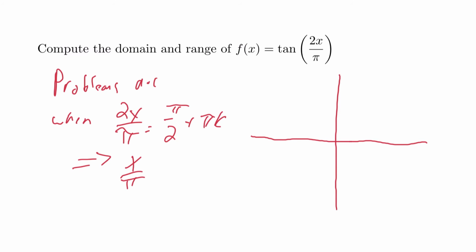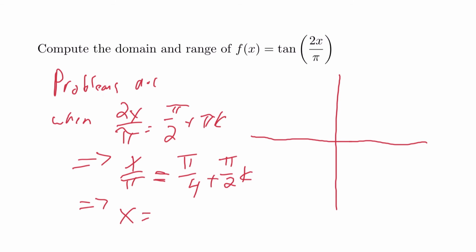So x over pi should be equal to pi over 4 plus pi over 2 times k.